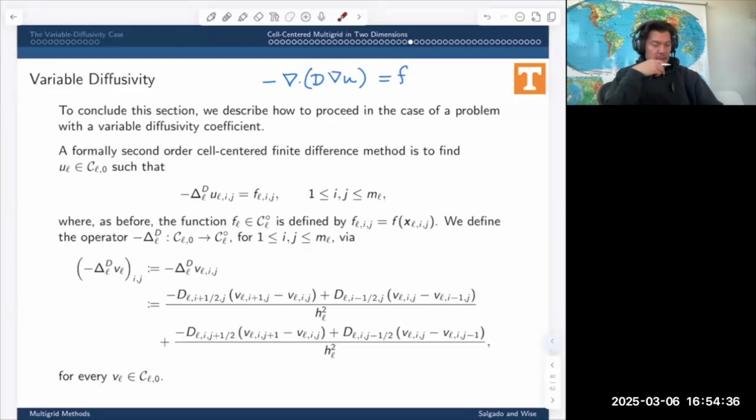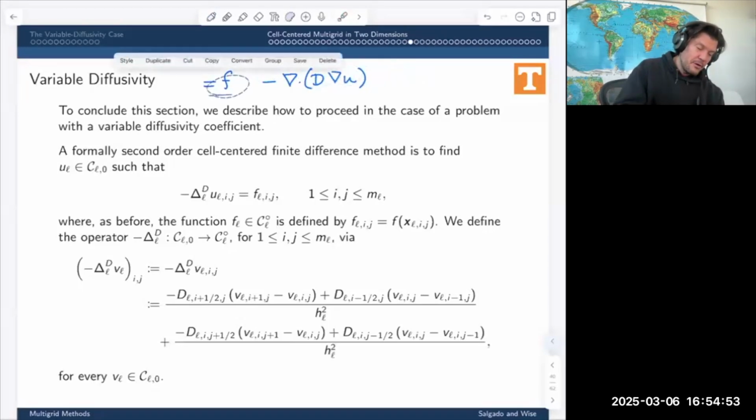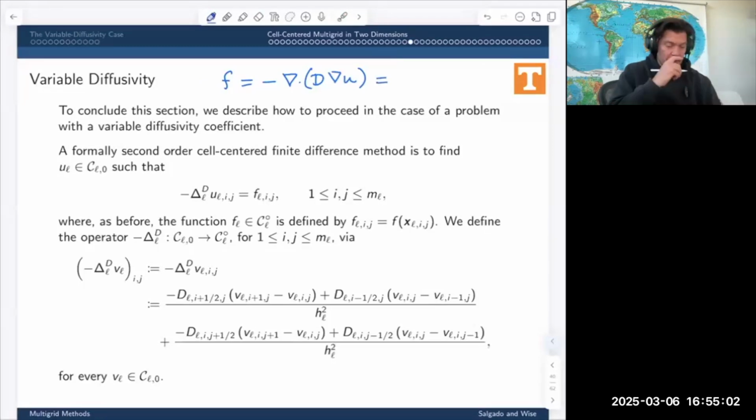What do we do? Well, actually, we can use what we already know from our one-dimensional setting. We said an operator like this can be thought of as an operator with two pieces, and that's still true.